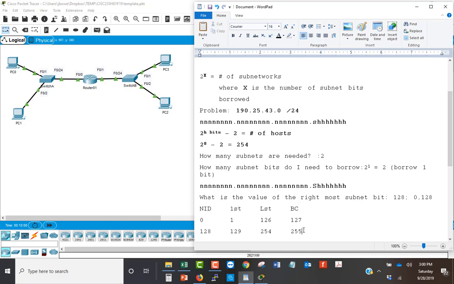So I've identified my two blocks. Now I need to allocate these addresses for each block to their respective networks.